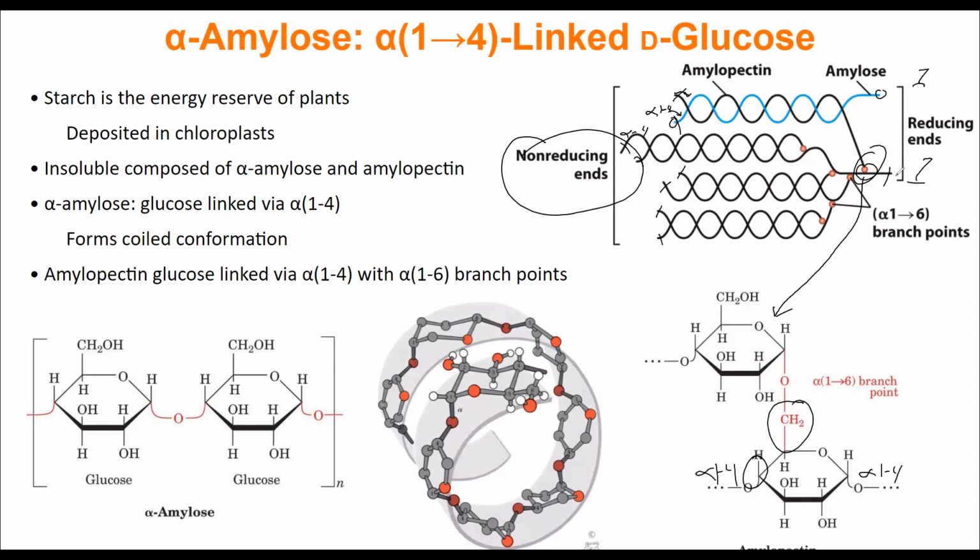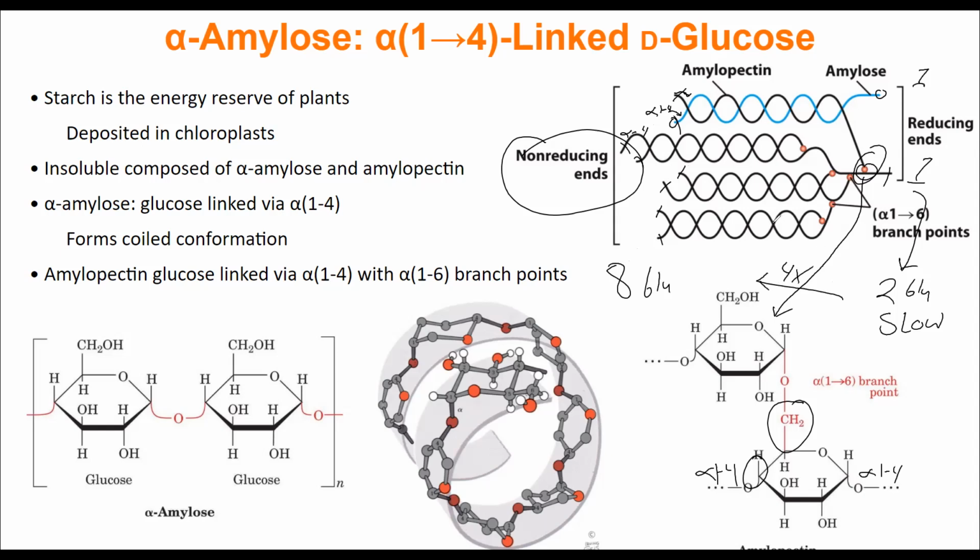So if our enzyme cut sugars off reducing ends, we get 2 glucoses per event, which is slow. Because if we cut from the non-reducing ends, we get 1, 2, 3, 4, 5, 6, 7, 8. We get 8 glucoses, right? So we get a 4-fold increase just in this picture.